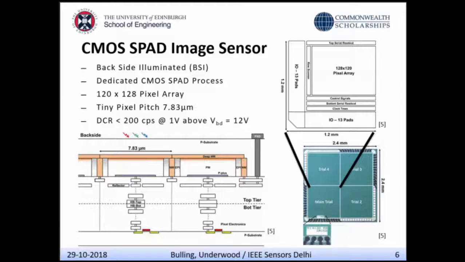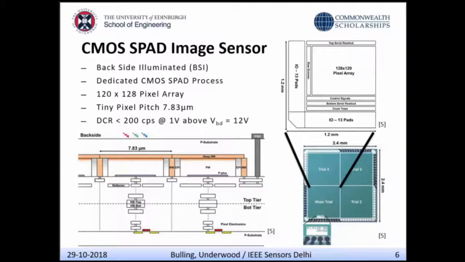Looking at the structure on the left, it is backside illuminated, so the incident medium is the substrate, which must be silicon. It's also been wafer etched down to a couple of microns, to optimize the path for photons in this case, but in our case, it's very good for electrons.